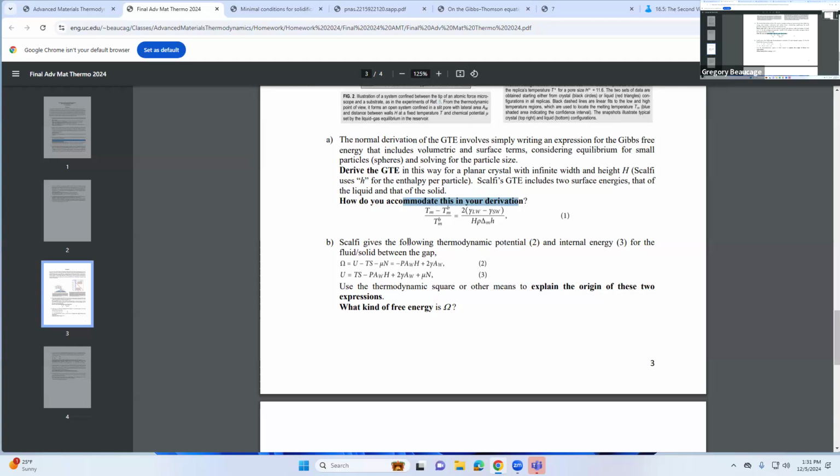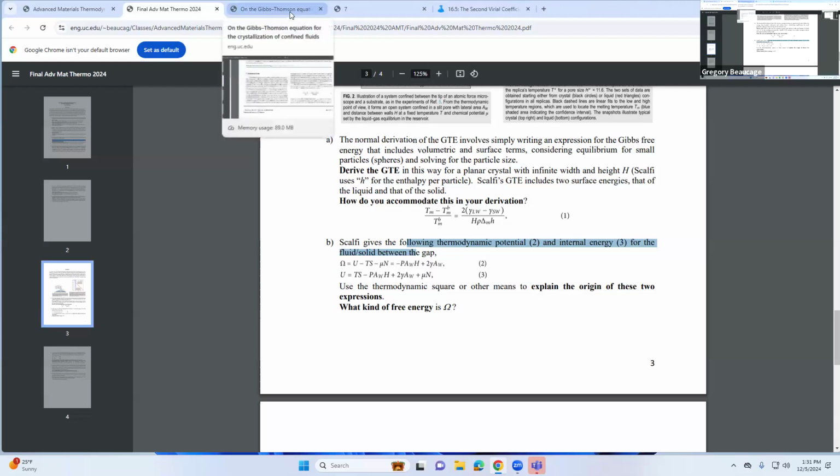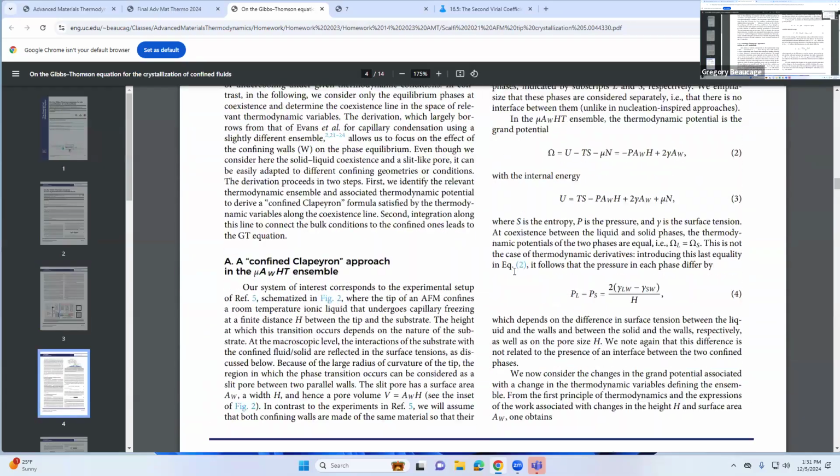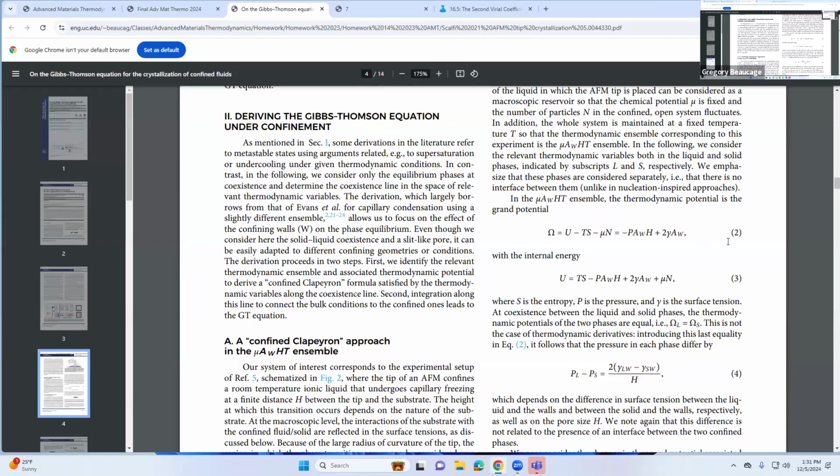Then he gives the following thermodynamic potential. So in this paper he gives these potentials, right? He just writes this and says the ensemble of thermodynamic potential is a grand potential. So the question is, what is this part? It's got internal energy, TS.